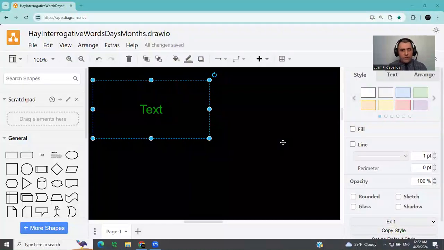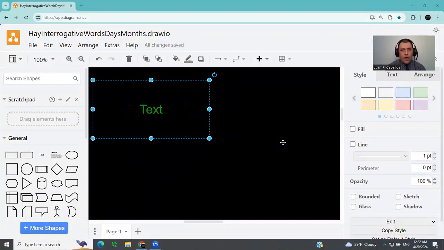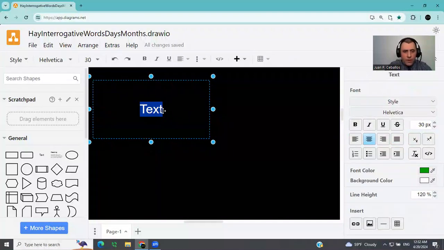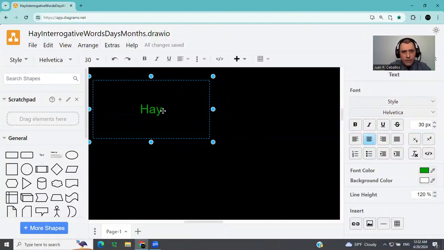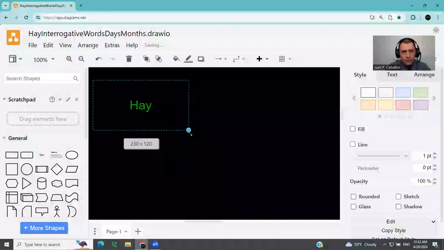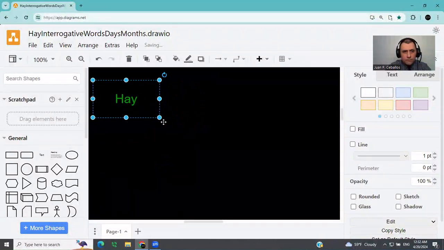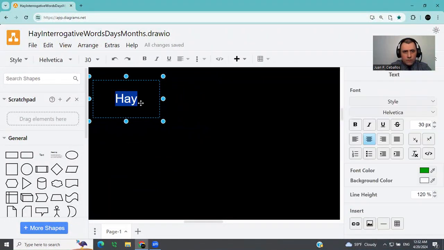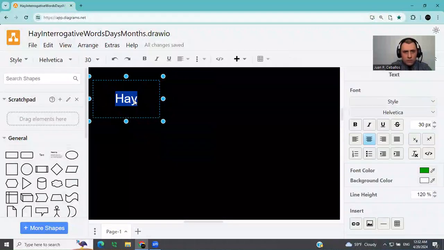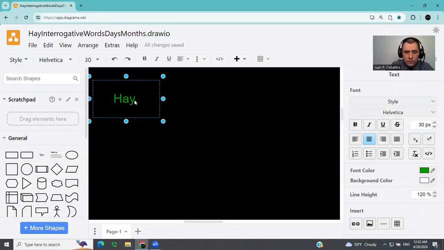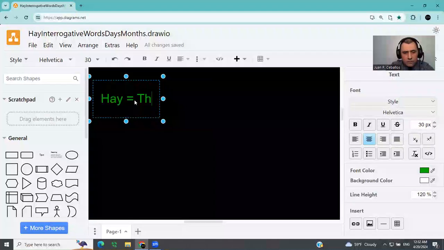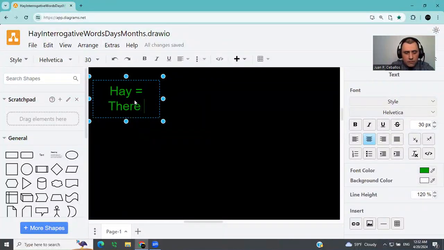So let's talk about the verb hay. Hay is what is called an impersonal verb, and it translates into English as there is, there are.